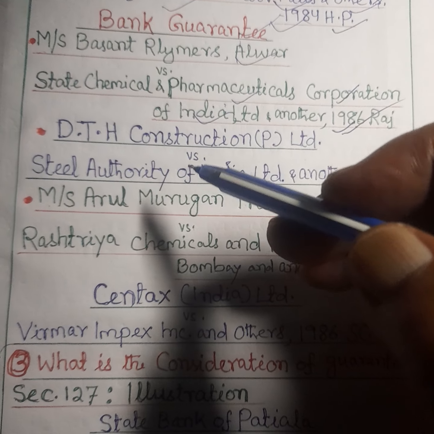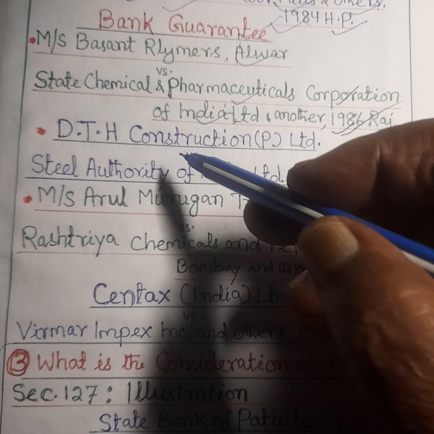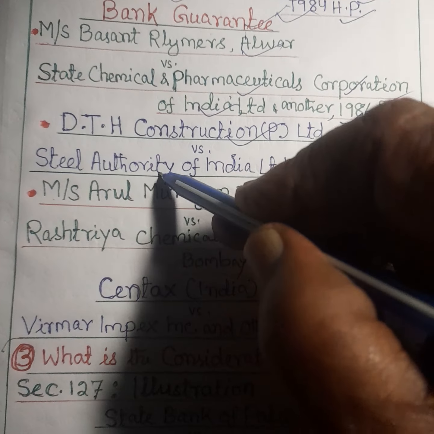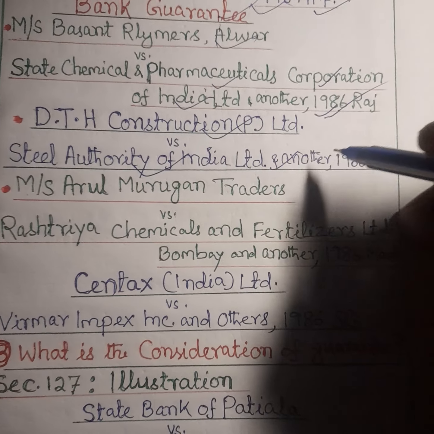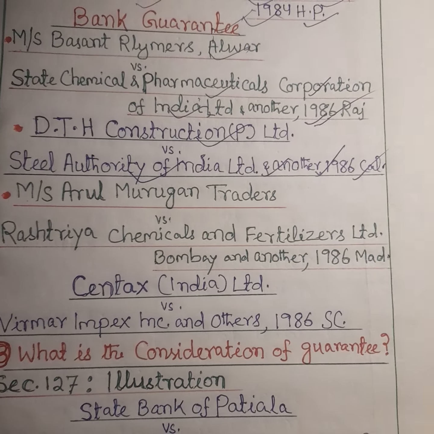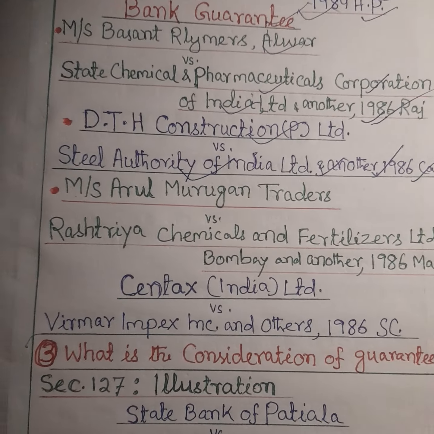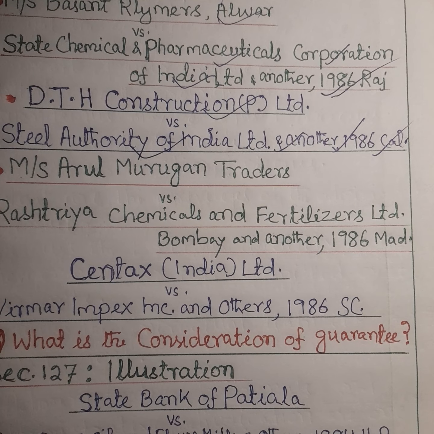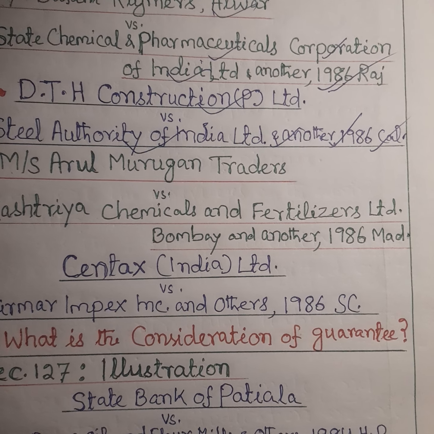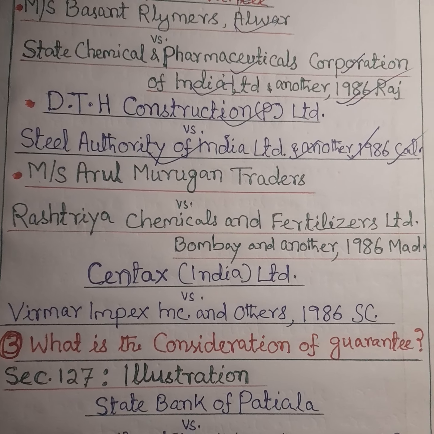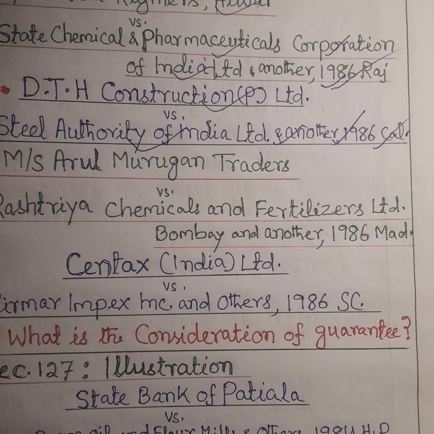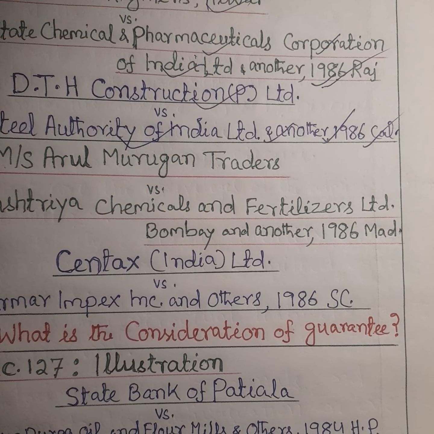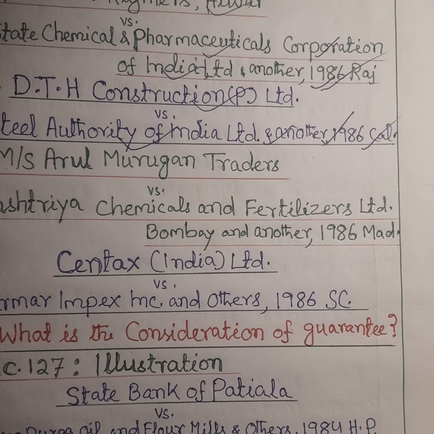In another important leading case relating to bank guarantee, DTS Construction Private Limited versus Steel Authority of India Limited and another in 1986, the Calcutta High Court observed that if the notice of demand by the beneficiary of a bank guarantee is not strictly in accordance with the language of the bank guarantee, that would not be an excuse for the bank for non-payment of the amount due under the guarantee.